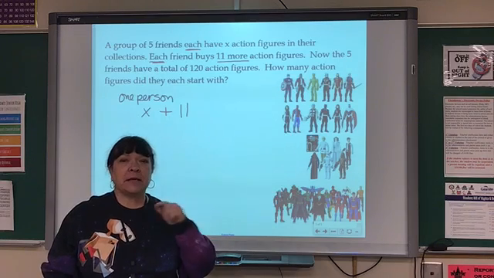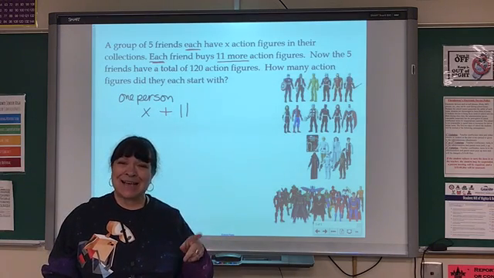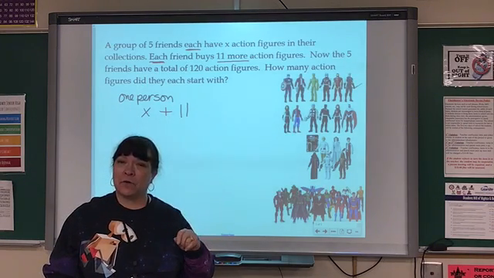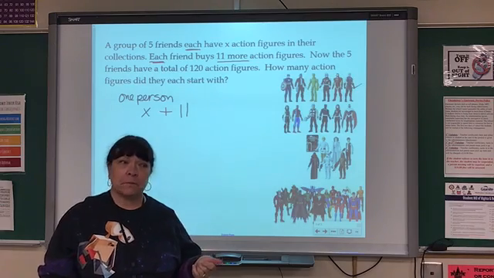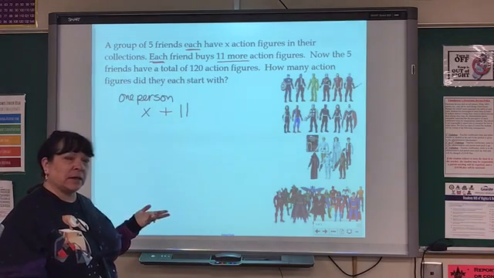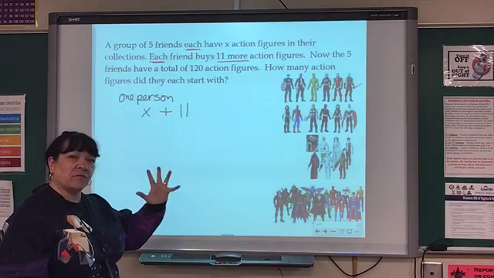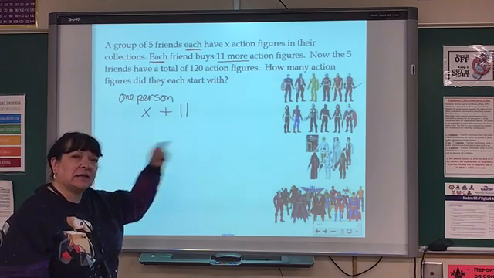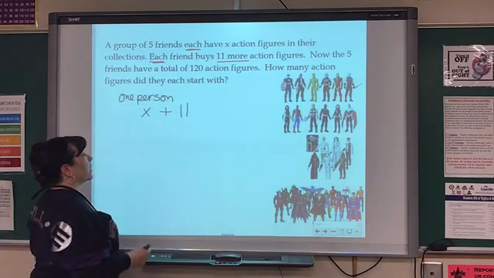Okay. Now because it said that this is the same for every person in the group, I can say, wait a minute, I've got 5 people that is what they all look like.